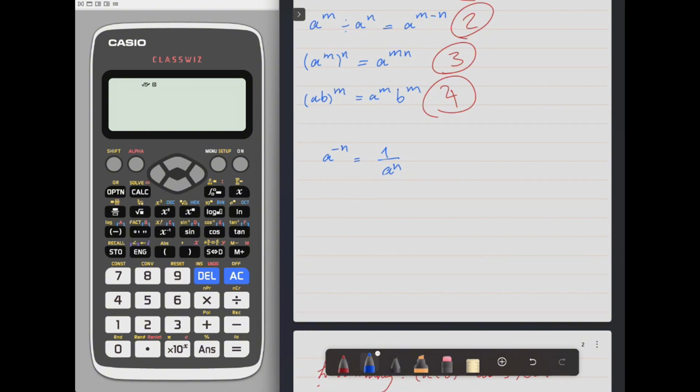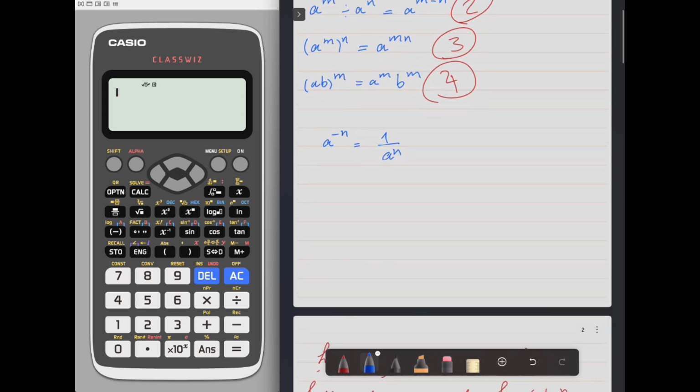If I have a division, in order to make it a multiplication, I have to get the reciprocal of the second term after the division symbol. So what do I mean? a to the power of m times 1 over a to the power of n. This is how we did it in IGCSE. So it's going to remain the same.